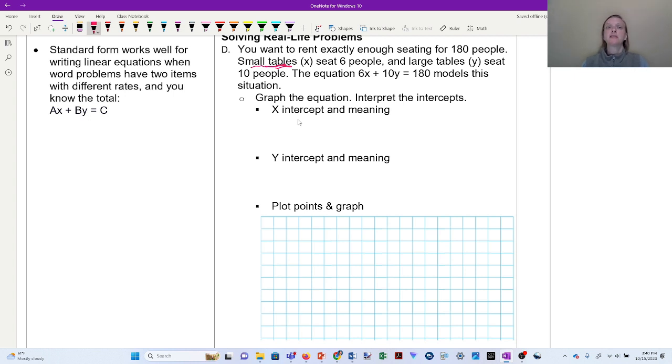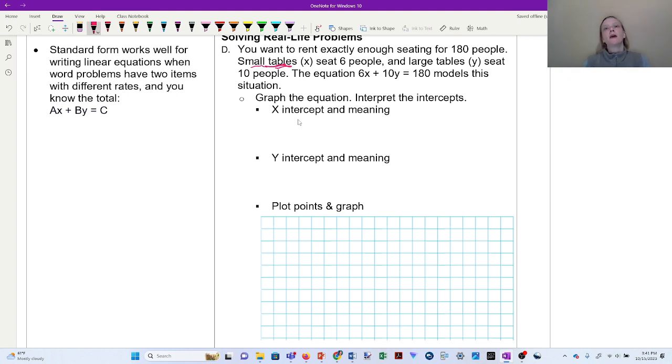Large tables seat 10 people, so I have a different rate for large tables: 10 people per table. And so I'm combining those two types of rates together to get a known total. In this case, my known total is 180.